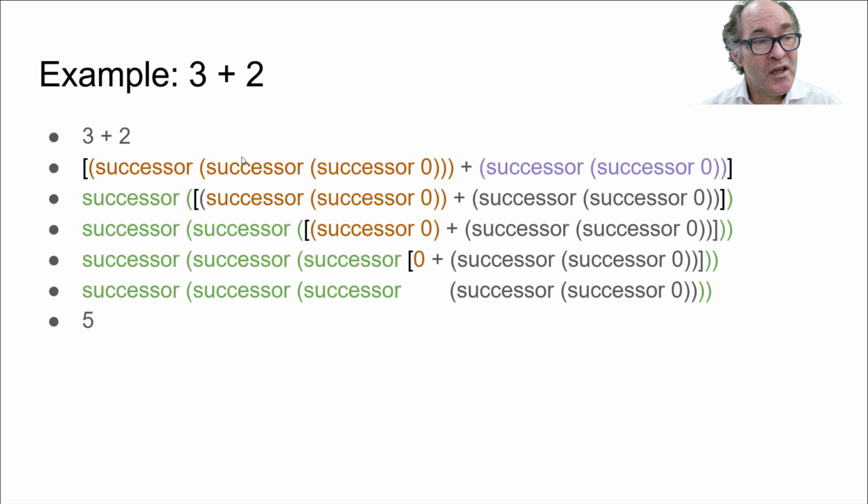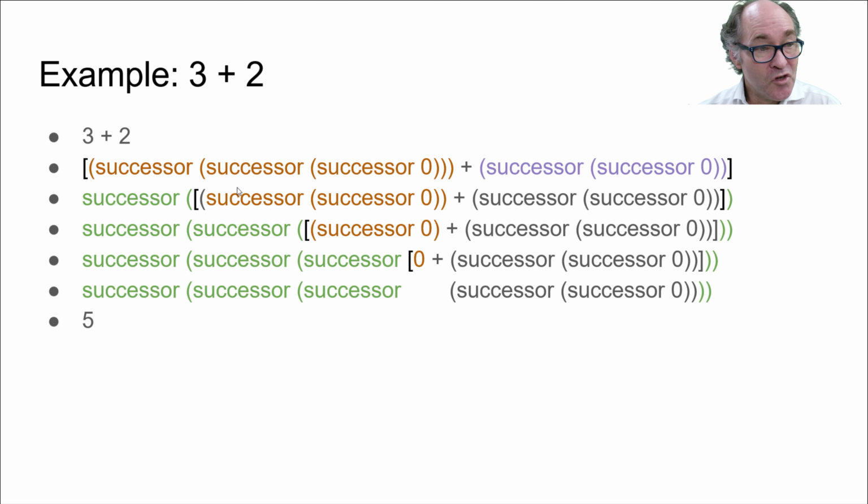So we're adding the successor of 2 and 2, and our second rule says the result is the successor of adding this part and this part. So we have the successor of the sum of 2 and 2. We started with computing the sum of 3 and 2, and now we just need to compute the successor of the sum of 2 and 2.